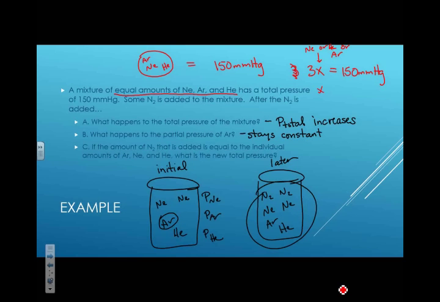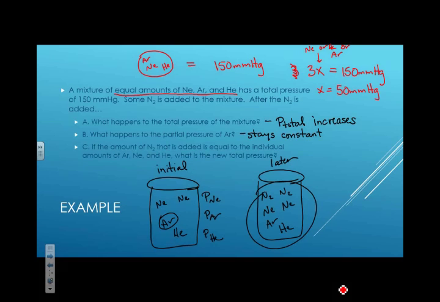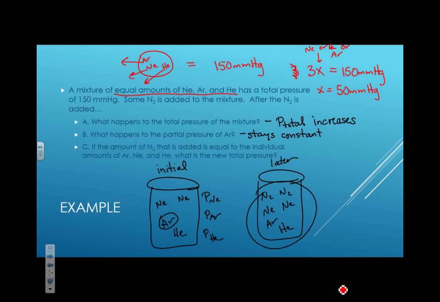And then I can solve for x. So x will be 50 millimeters of mercury, and that is the pressure of my neon and the pressure of my argon and the pressure of my helium. So that tells me that the individual pressures here were all 50. Each of those was 50 millimeters of mercury.